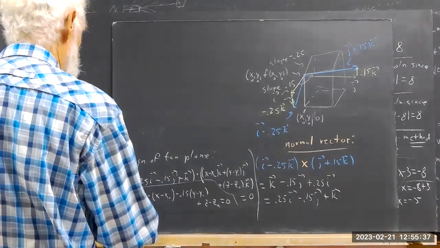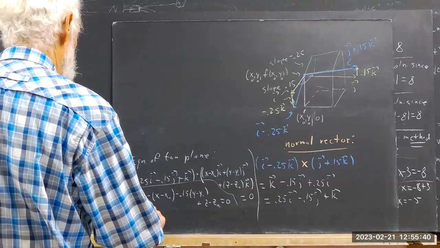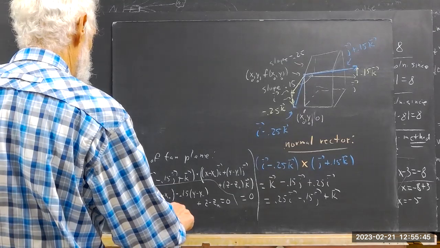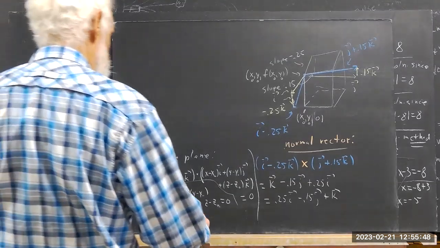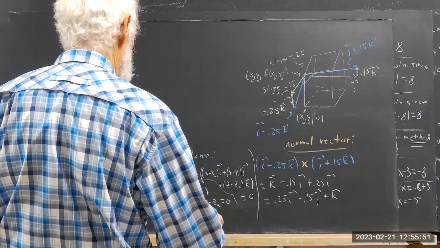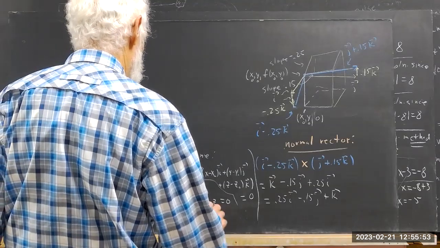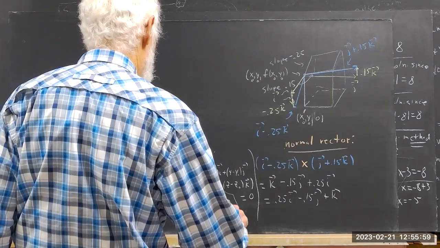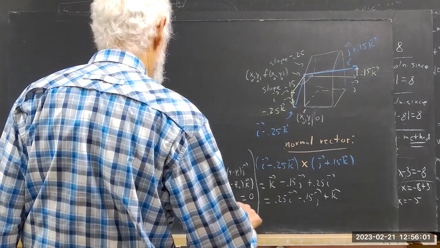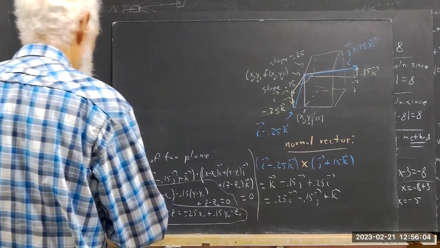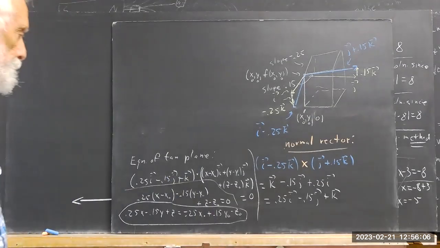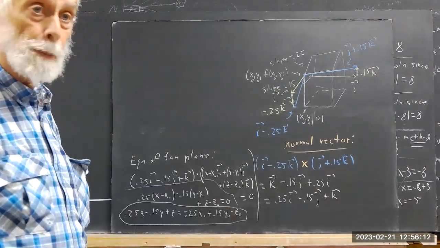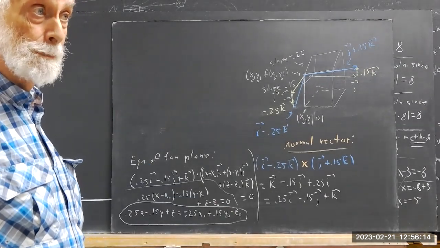And you can write that as, so right there's the equation of your plane. Everything on this side is just a number, if you know what x naught, y naught, and z naught are.